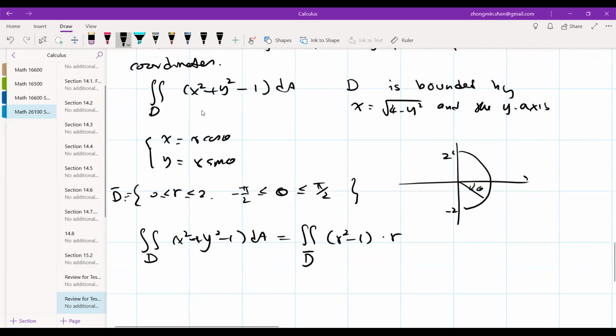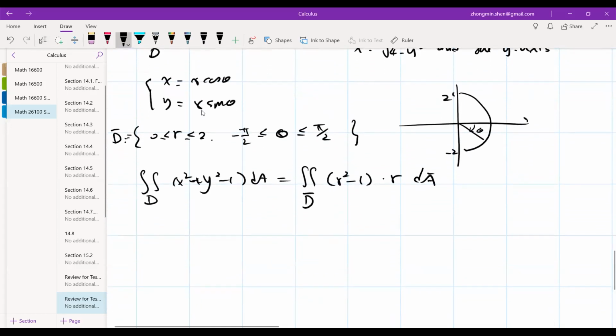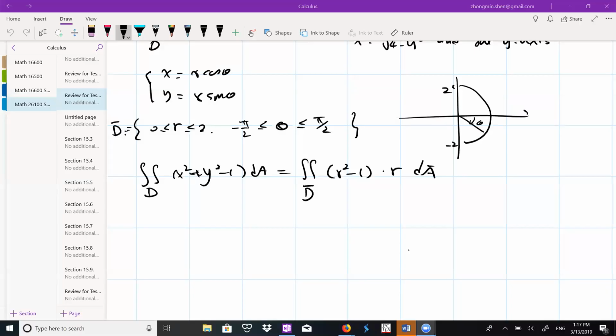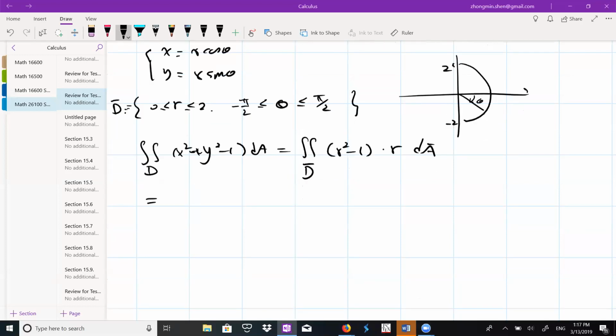Then you have another r here, then dA bar. So D bar is going to be the rectangle, so I can choose any order. I can put dr outside.